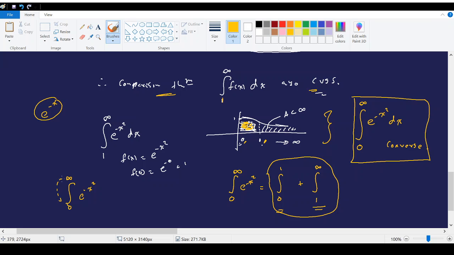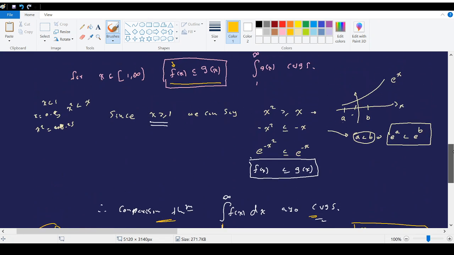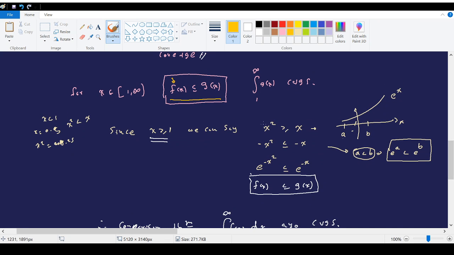The reason is, see, in this calculation, to obtain the relationship between f(x) and g(x), we use the fact that x is greater than or equal to 1. Only when this is true do you have this relationship between f and g. Otherwise, it is not. So, we cannot use the comparison test.